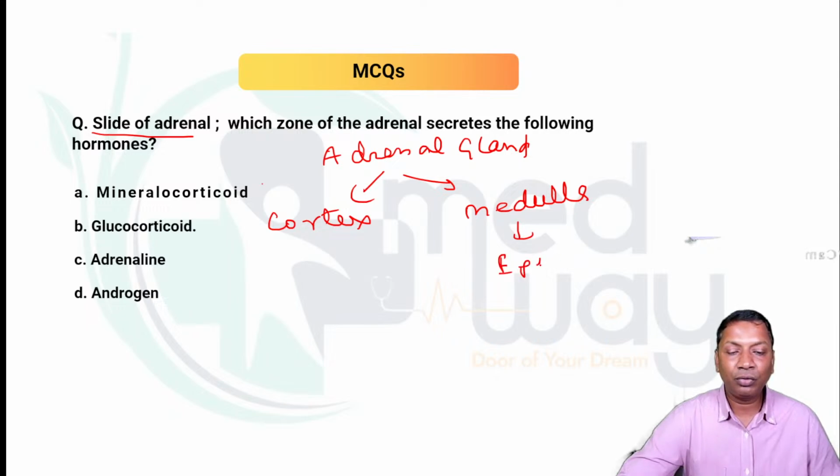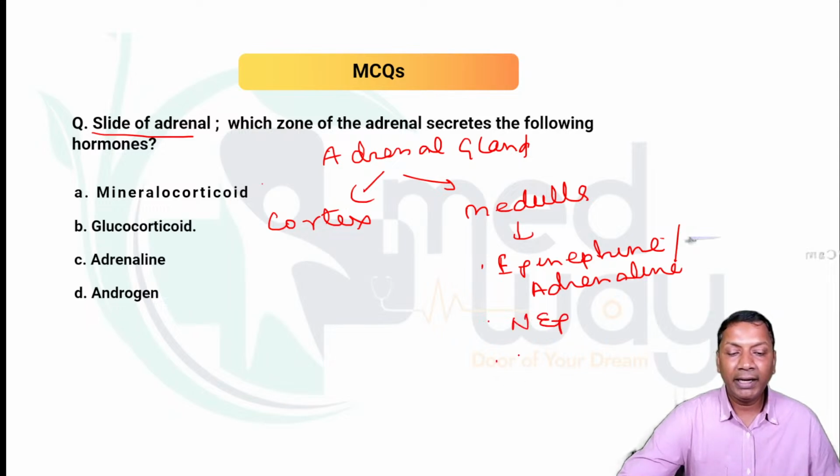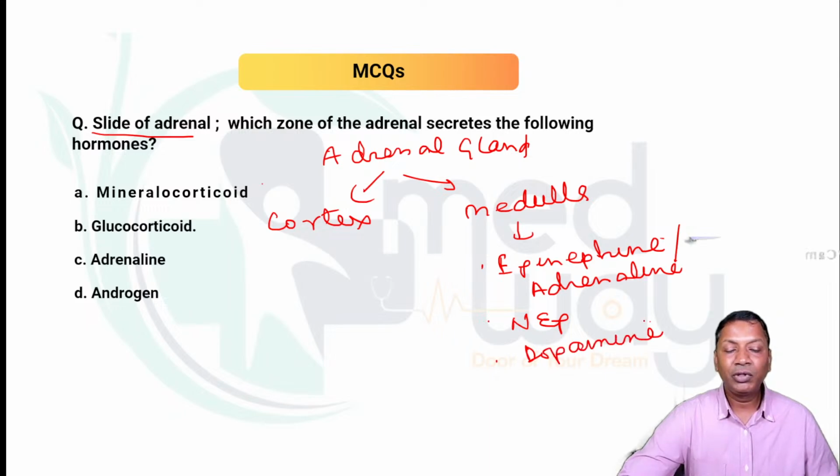Epinephrine is also called adrenaline. It will also produce norepinephrine, and the third one is dopamine. So epinephrine or adrenaline, norepinephrine, and dopamine are produced from the medulla.